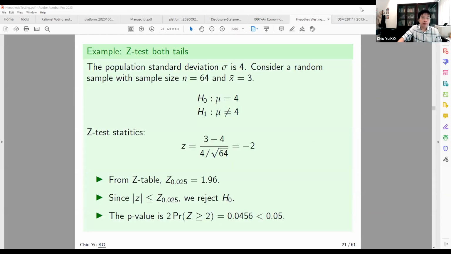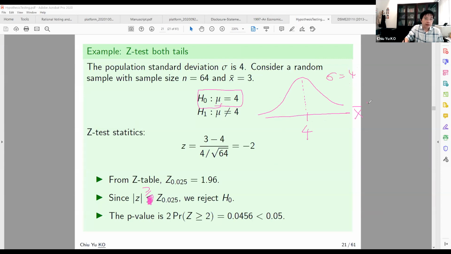So here there's a typo. There's more than, okay? So here is, again, the question, X bar. According to the hypothesis, this is 4. Okay, it's 4 here, and sigma is 4.